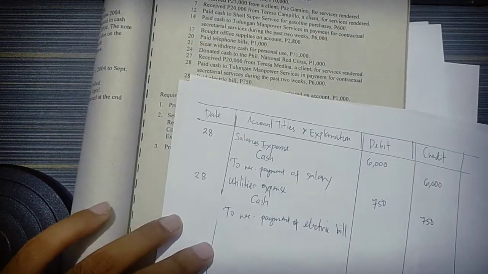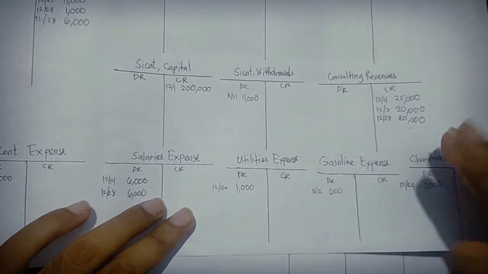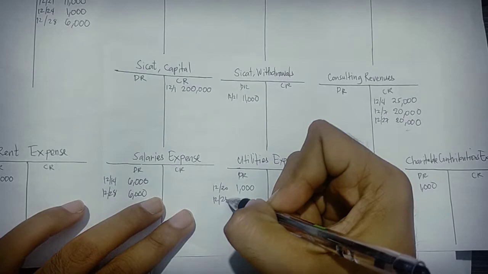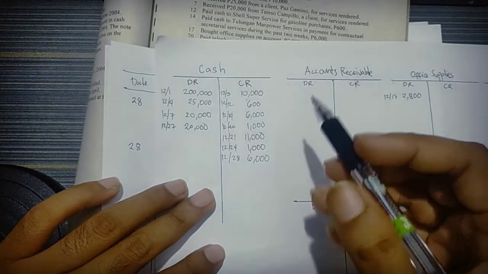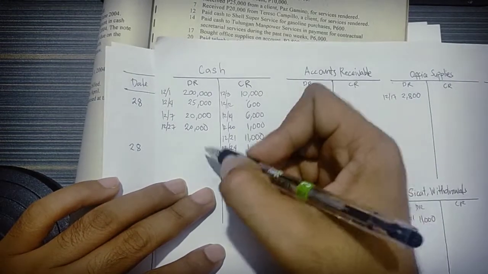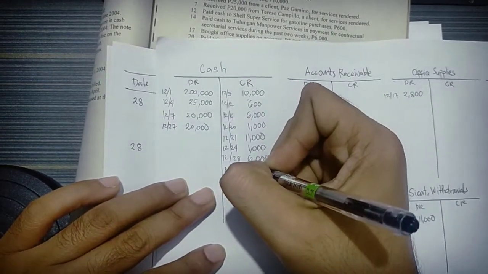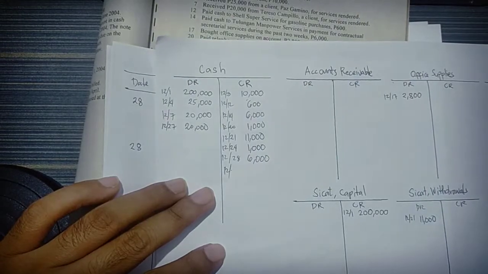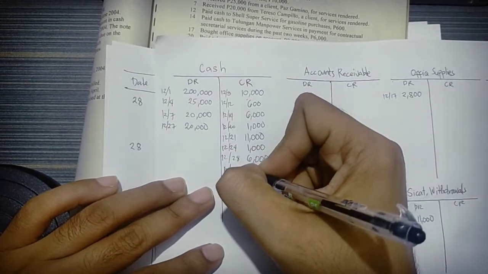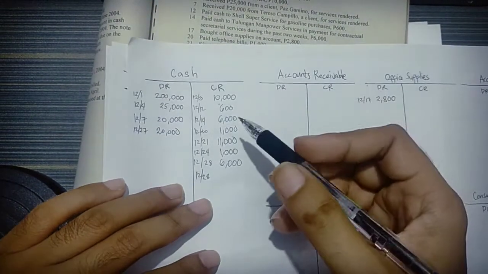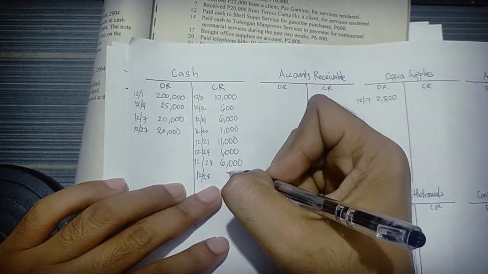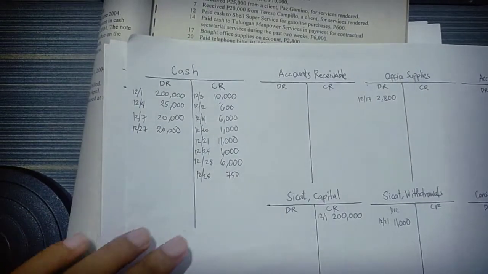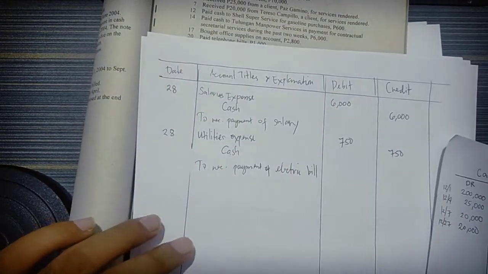Then reflect it here, utilities expense 750. So don't forget to reflect it on the debit and credit side. There are corresponding effects. If there is a transaction on the debit side, you must also have one on the credit side so that it balances.